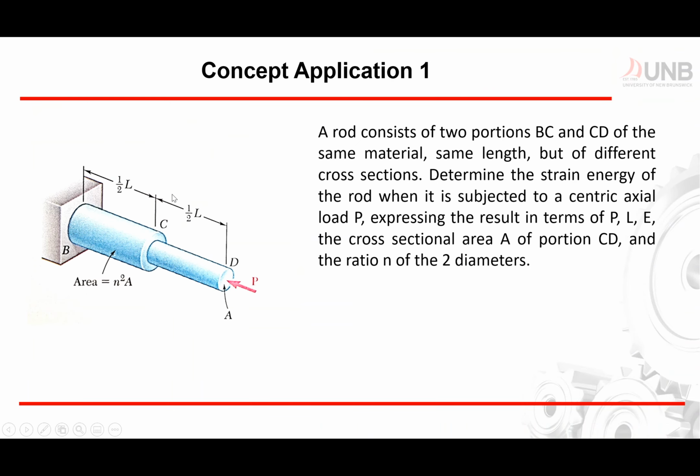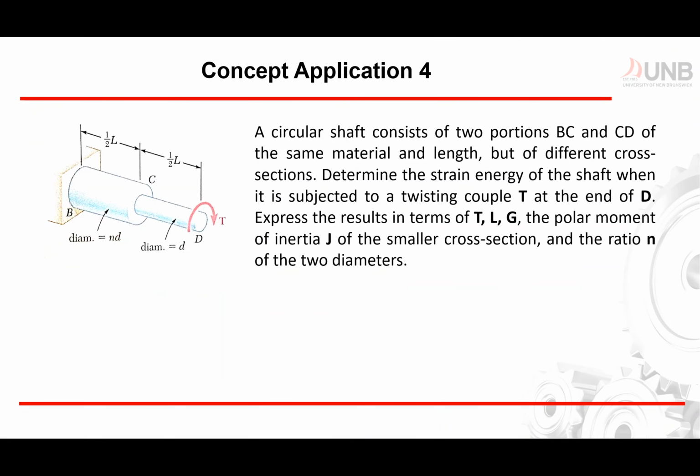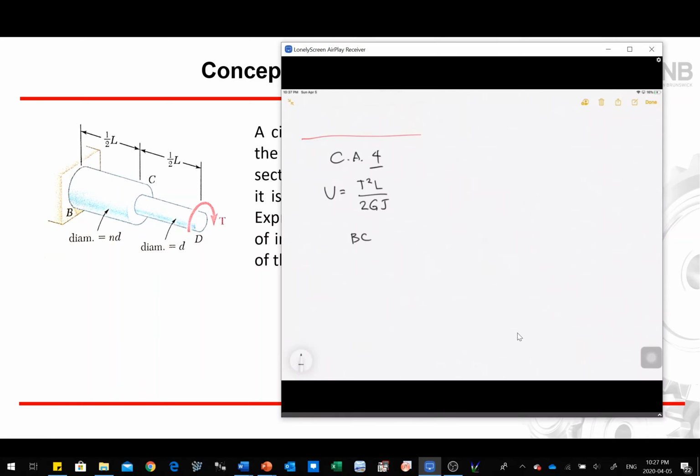Now let's go back to the concept application. So we have this specific circular shaft, and our objective is to calculate the strain energy in the circular shaft. First, similar to what we did previously, this is section BC, and we also have section CD.